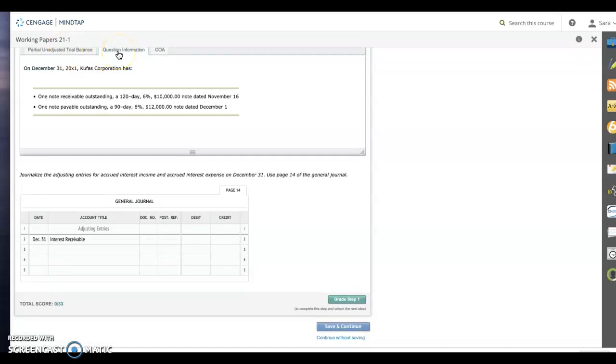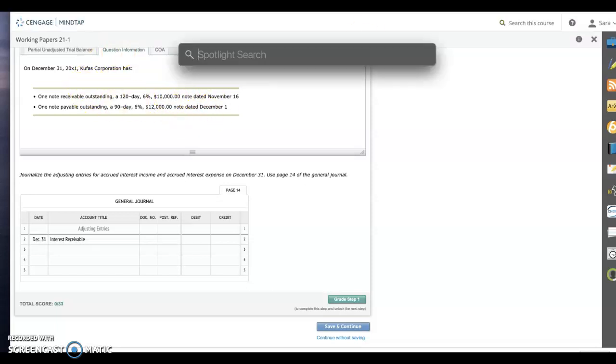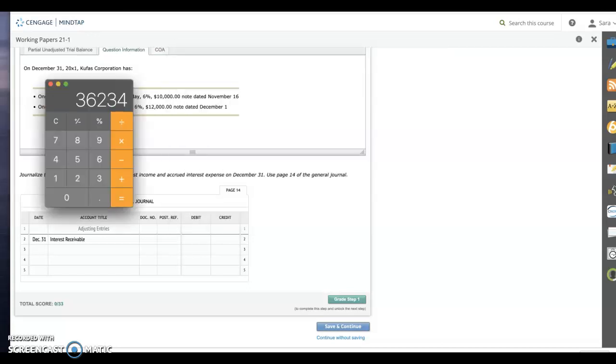Okay, so we're going to go to our question information to get this information, and we're going to have to use a formula. And so we're going to take our $10,000 times 6%, which is 600, and then we need to do it as a fraction of our year.